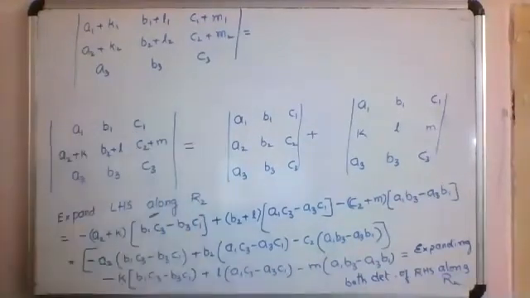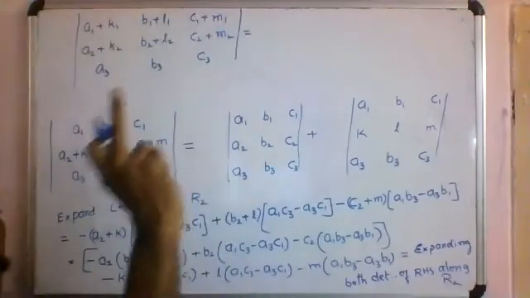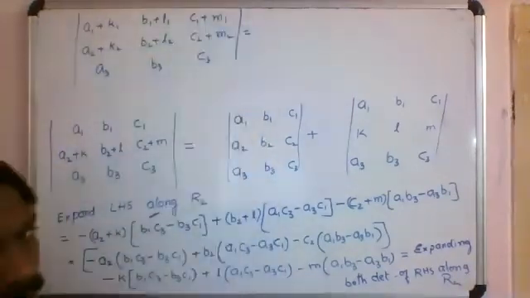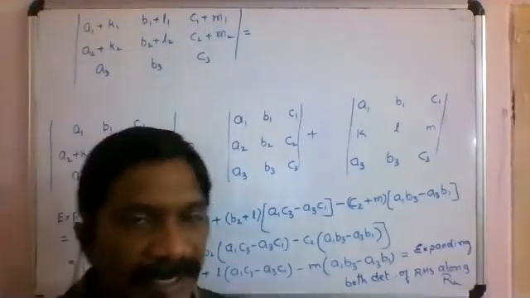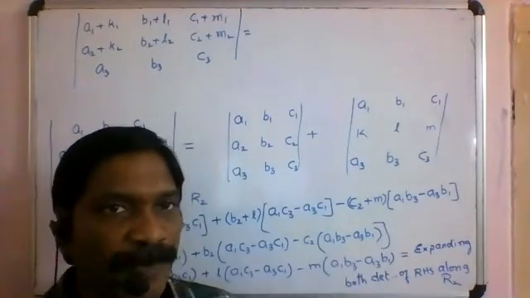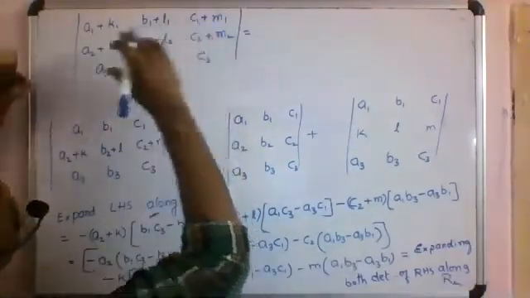When two rows are there with sum of two elements, then how to split this is the question now. You take only any one row into consideration and split. If I consider only first row, you keep second row elements, third row elements as they are and split into two. You don't think that these are sums of two numbers, you keep as it is.